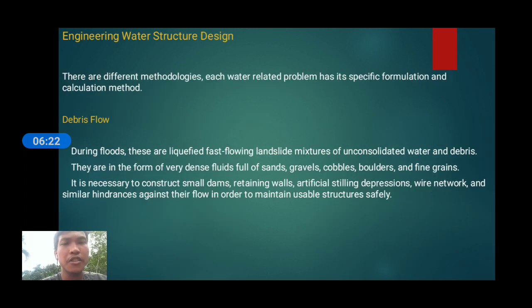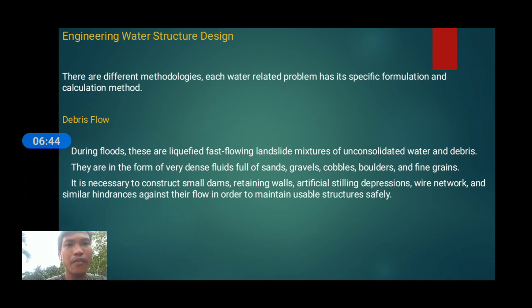In engineering water structure design, there are different methodologies, and each water-related problem has its specification, formulation, and calculation method. And debris flow: during floods, these are liquefied, fast-flowing landslide mixtures of unconsolidated water and debris.